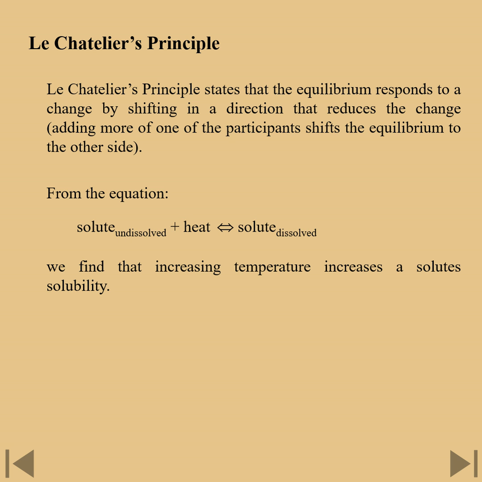Now, for adding something to have an impact, it can't be a pure substance, so it can't be a pure solid or a pure liquid. If you change something that has a variable concentration, like the concentration of something that's in solution or the partial pressure of a gas, that would change. Essentially that's adding or removing.